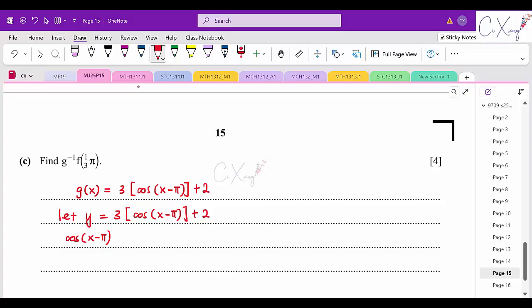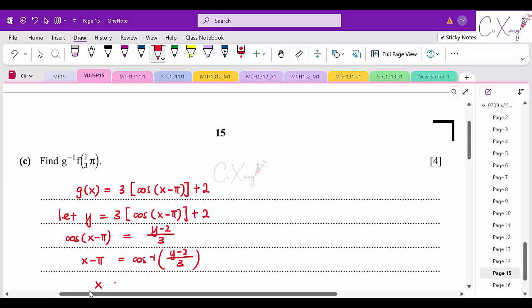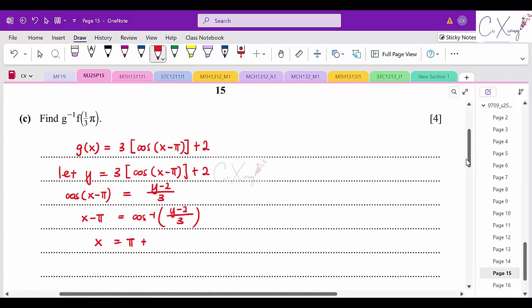Okay, then we try to complete it. Move all the numbers to one side first. So by right, you'll be having (y minus 2) over 3. Take the cos over, you will have cos inverse. So I'm having cos inverse of (y minus 2) over 3. Then after that, I bring the pi over. It will become pi plus cos inverse of (y minus 2) over 3.